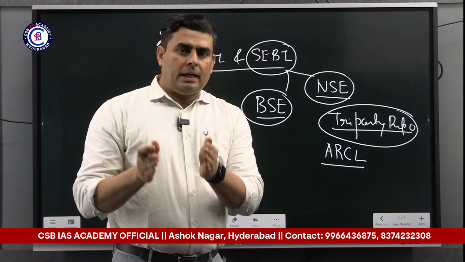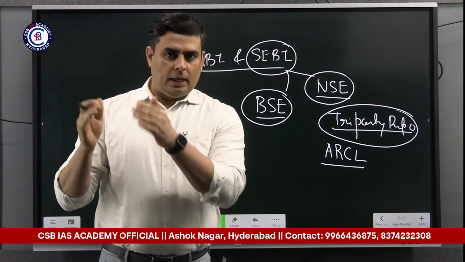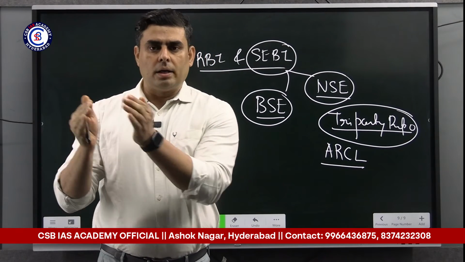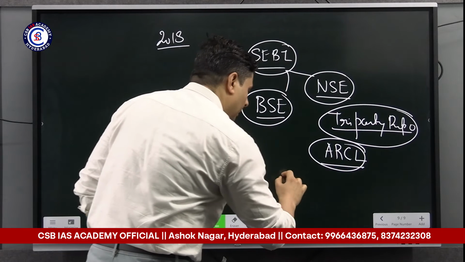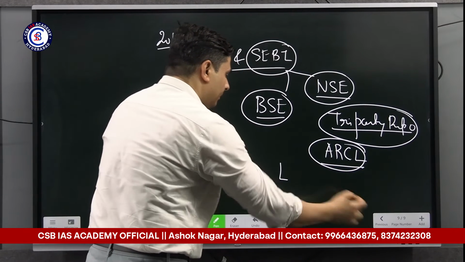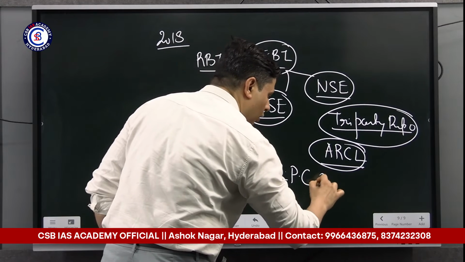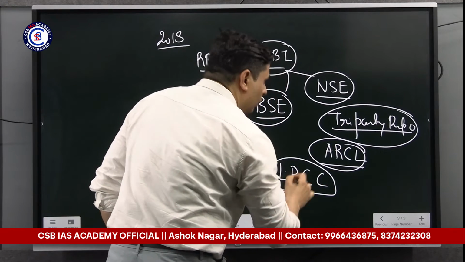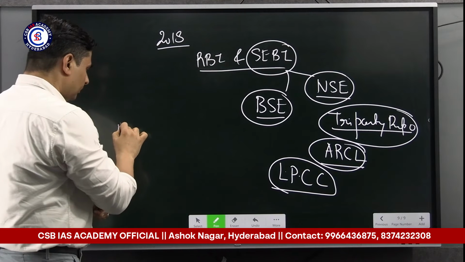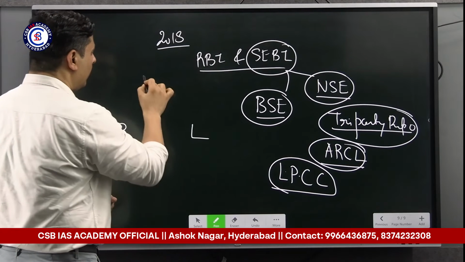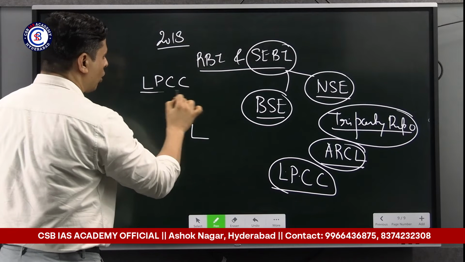So ARCL, AMC Repo Clearing Corporation. And these ARCLs are limited purpose clearing corporations. So how does this tri-party repo work? Borrower, lender, limited purpose clearing corporation.